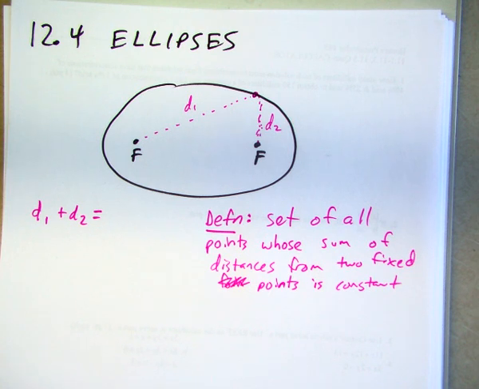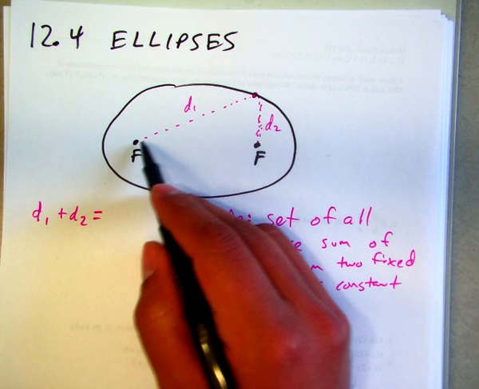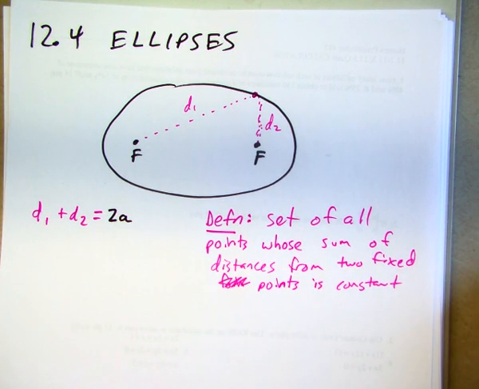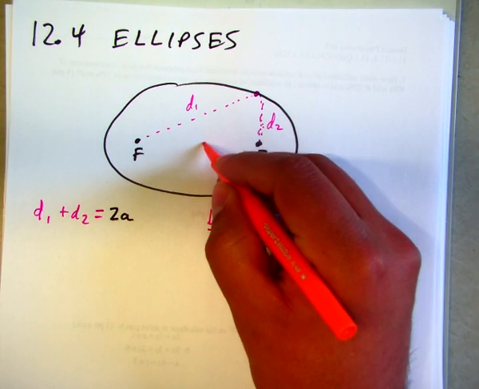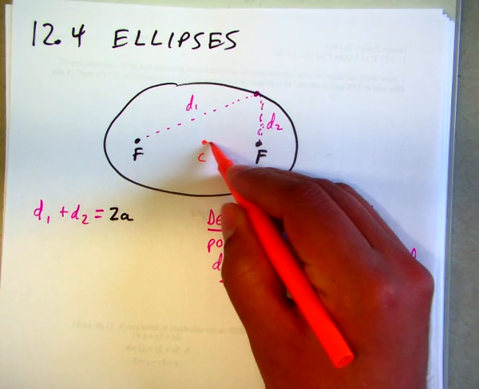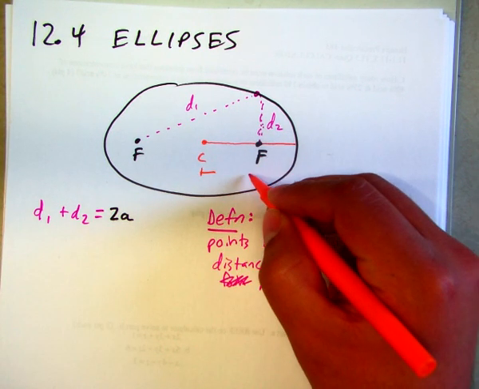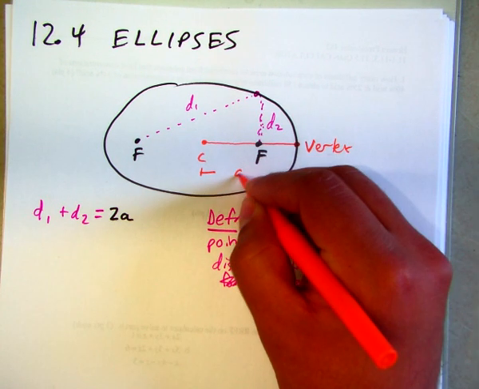So what we're going to do now is, if I actually were to add these two up, we're going to call that 2a. And it's entirely related to the dimensions of the ellipse. From center all the way across to the vertex, that's 1a.